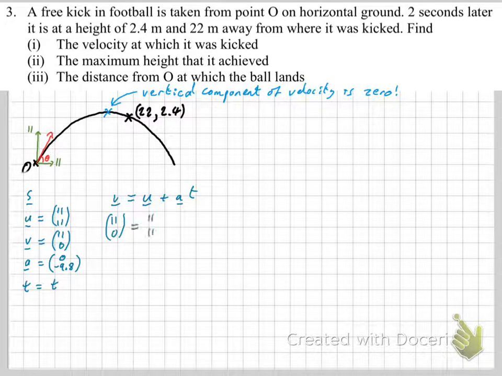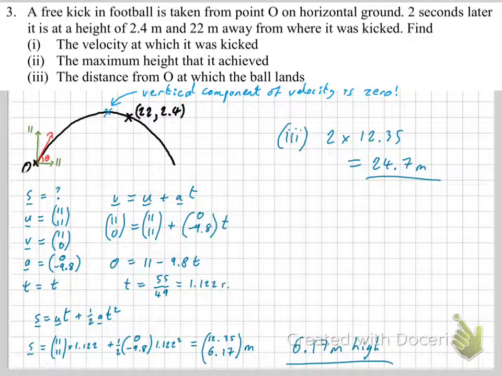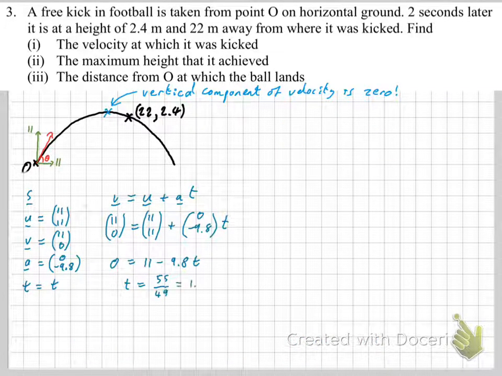Substitute things in. Now notice that when we do that, our top equation is just 11 equals 11 plus 0, which doesn't tell us anything new. So that's irrelevant anyway. So we're only interested in the y component, which gives us a useful equation, 0 equals 11 minus 9.8t, which gives us t equals 55/49, which works out to be roughly 1.122 seconds.